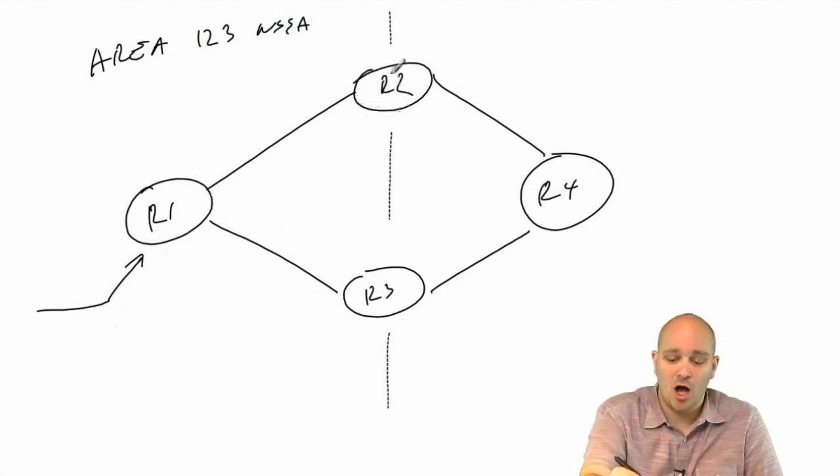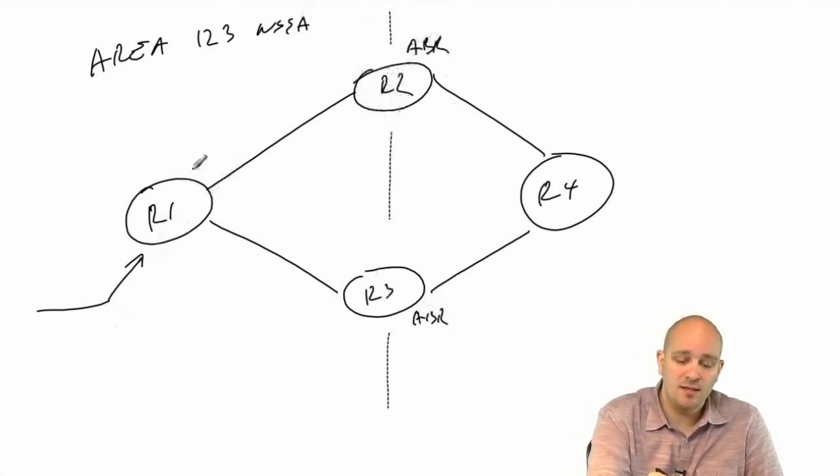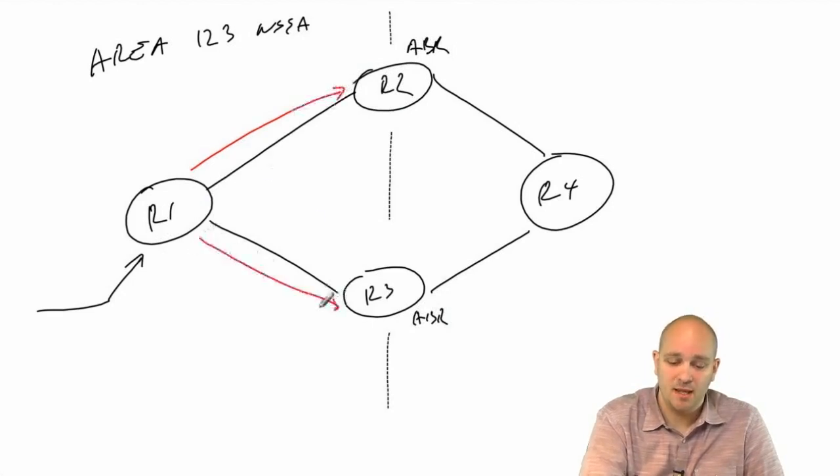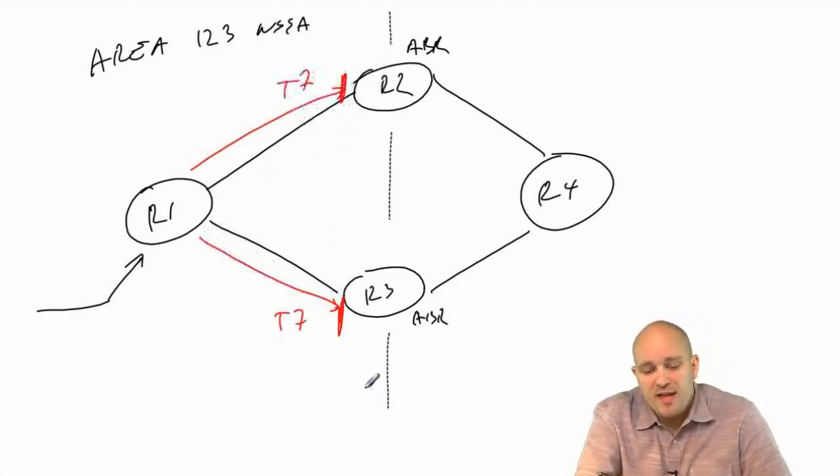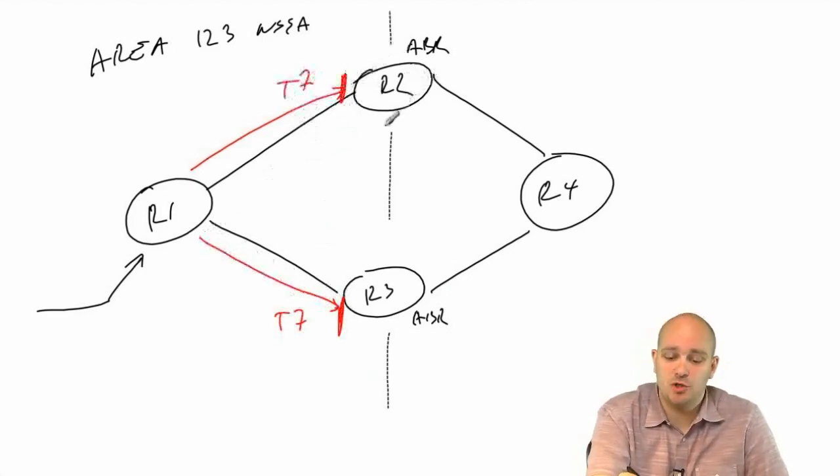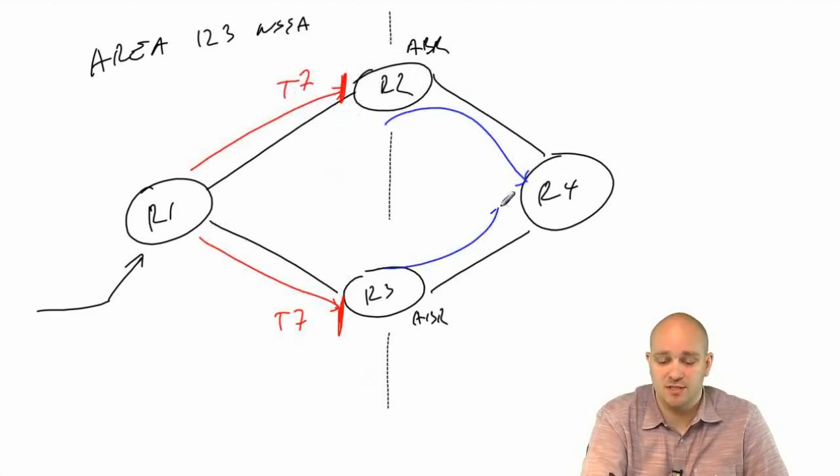That means that our R2 and R3 routers are NSSA ABRs. So this is an ABR and this is an ABR. Now, when this type 7 LSA is learned by R2 and R3, you would think that both of them would actually provide the translation service.